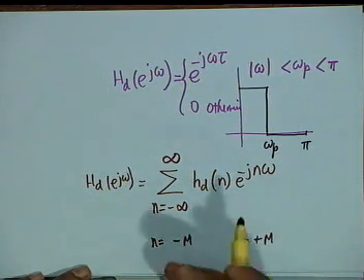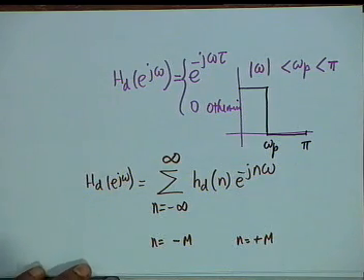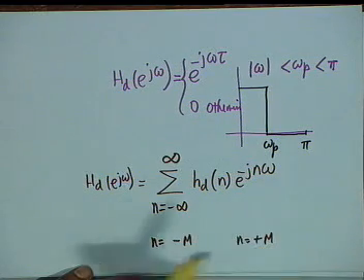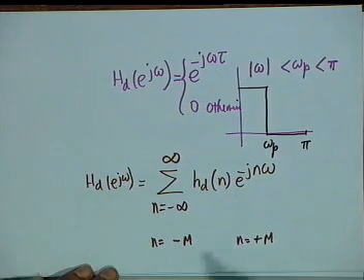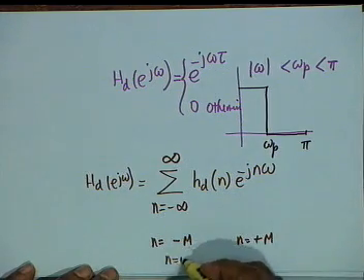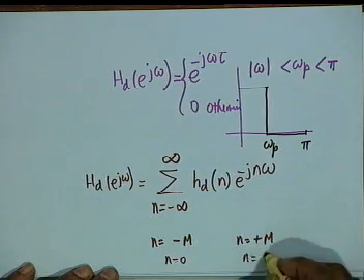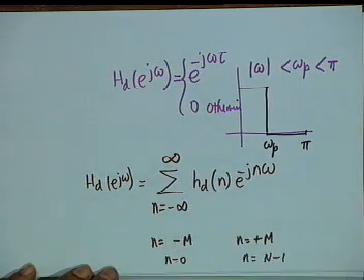h[n] must be equal to 0 for n less than 0, otherwise you cannot realize it. Therefore, after we obtain this, we shall have to multiply the transfer function by z to the minus M anyway. So, why not start from n equal to 0 and go up to n equal to N minus 1, truncate it.